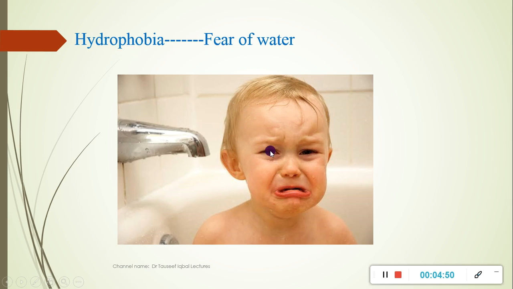Normally children are more resistant to water and they feel fear from water. So if there is a pathological state and a person feels fear from water, that is hydrophobia.